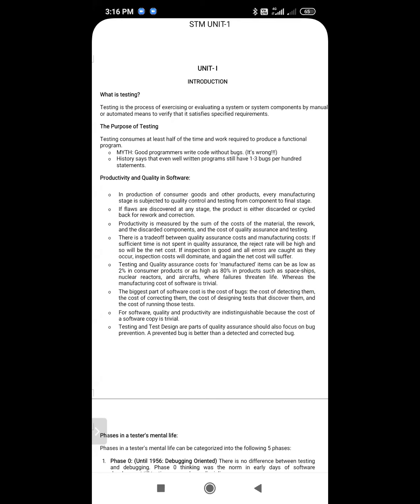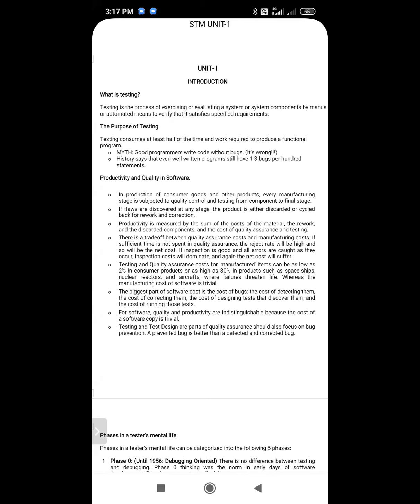Productivity is measured by the sum of costs of the materials, the rework and the discarded components. Next, the biggest part of software cost is the cost of bugs. For example, if you get any errors in your project, then it has some difficulty.